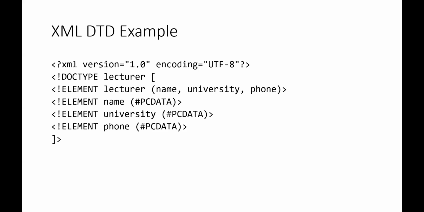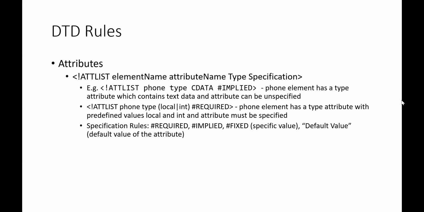We have character data. Now, the interesting point is that earlier when we created the XML, we didn't have this structure. So when you include this information with the file itself, you can validate.